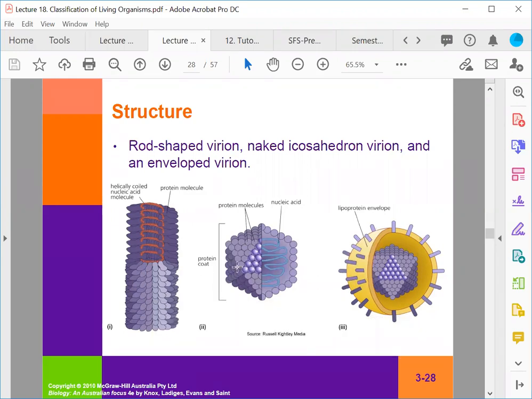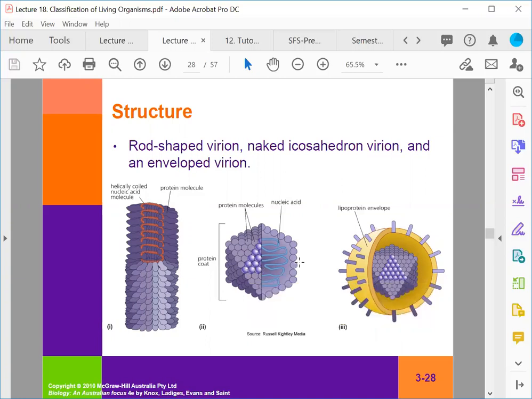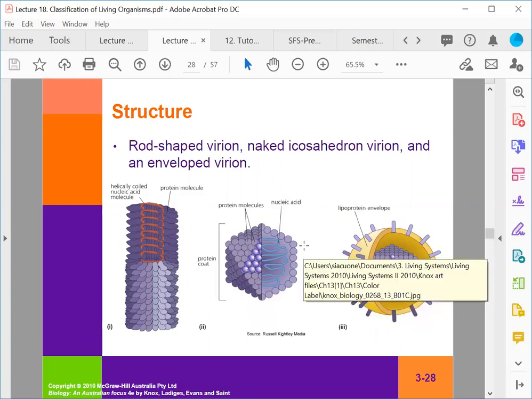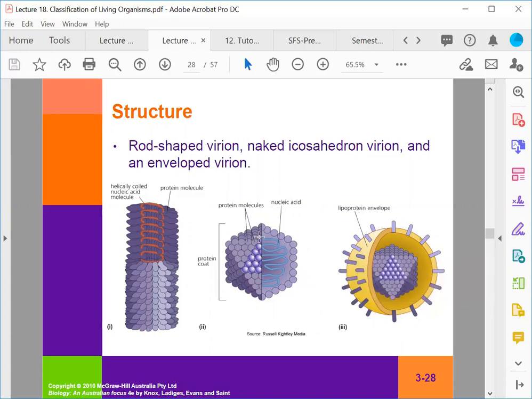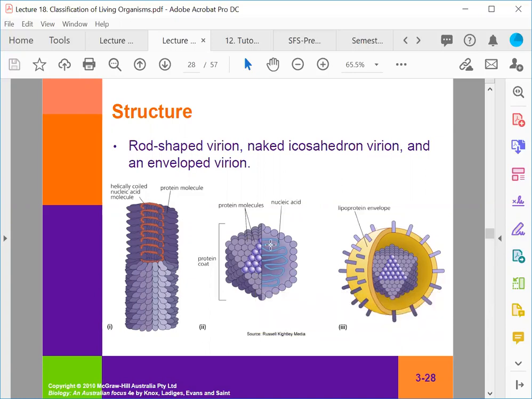Here we have another common one. This is referred to as a naked icosahedron virion. Of course, the shape is like that of an icosahedron, and this virion coat is made up mostly of protein molecules, and that encloses the nucleic acid of the virion.